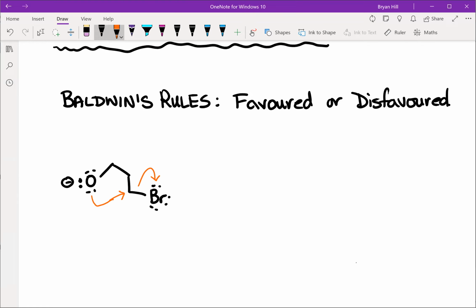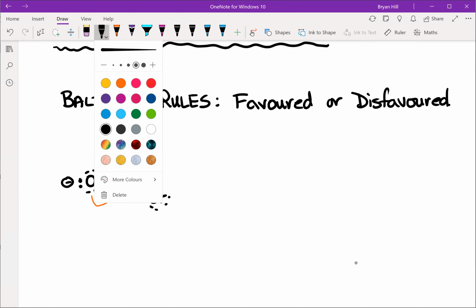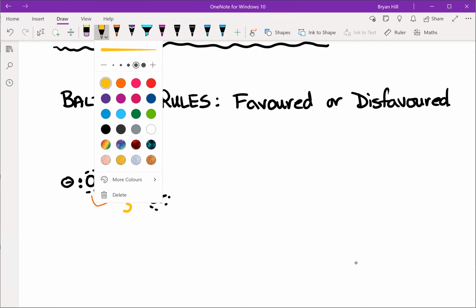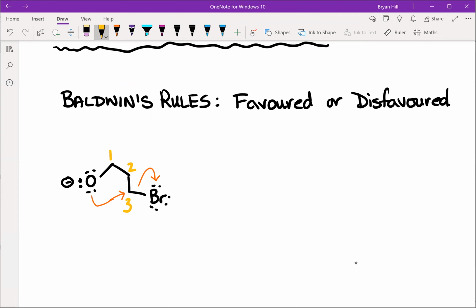This would be classified, and I'll draw some numbers here, as 1, 2, 3. So there's 3 carbons. What is the hybridization of the carbon which has got the bromine on it? sp3. sp3, right.